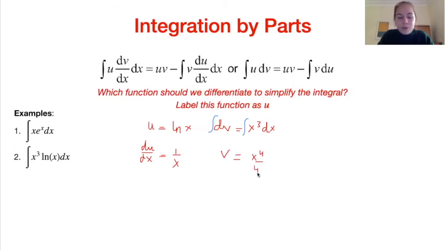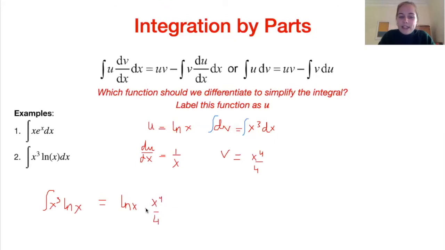Again, that is in our formula booklet. So if we put this together, then the integral of x cubed ln of x is equal to u times v, which is ln of x times x^4/4.